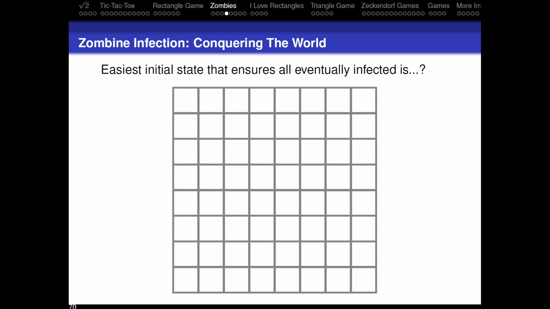Make a checkerboard. There's something even simpler than that. For the checkerboard, you then have to argue that every cell that's not infected shares two neighbors.